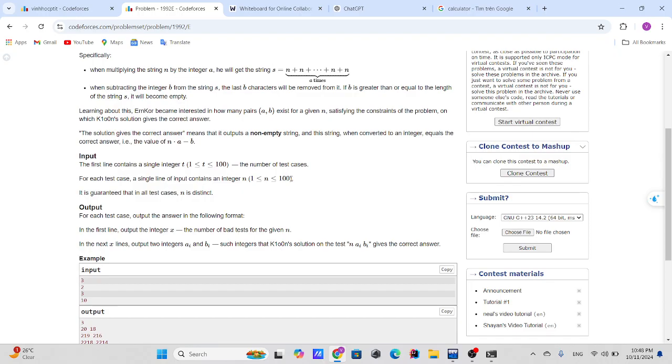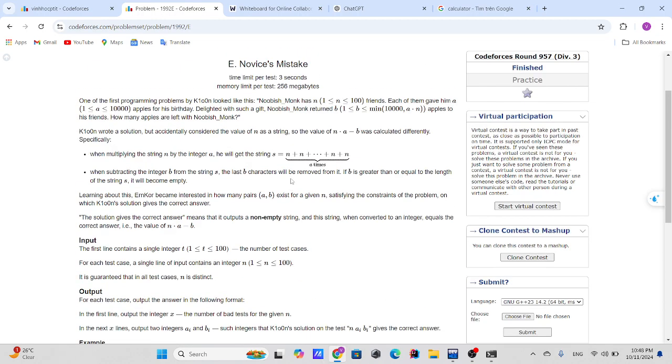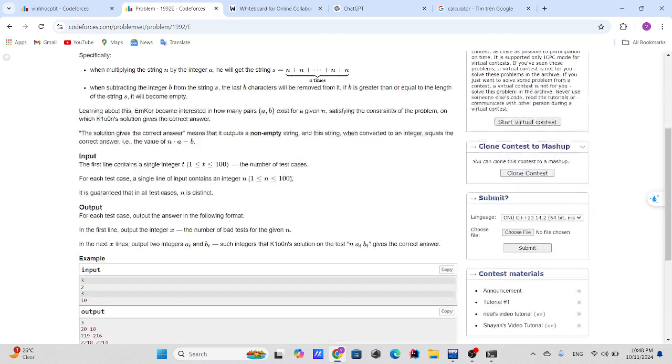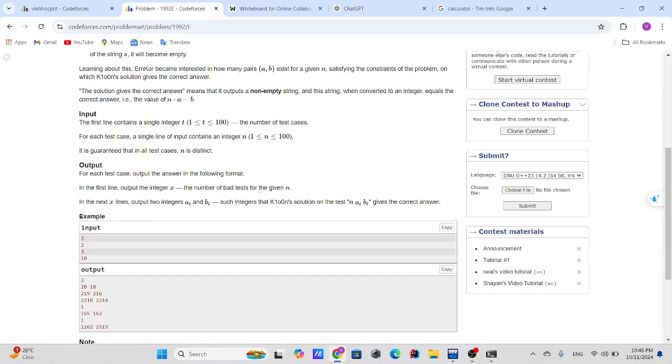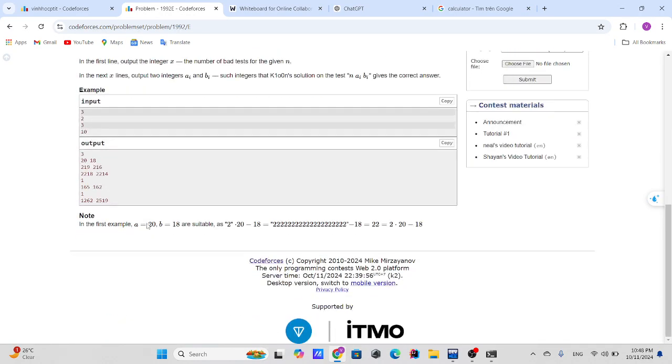If b is greater than or equal to the... gives the correct answer. Ooh la la. Okay.